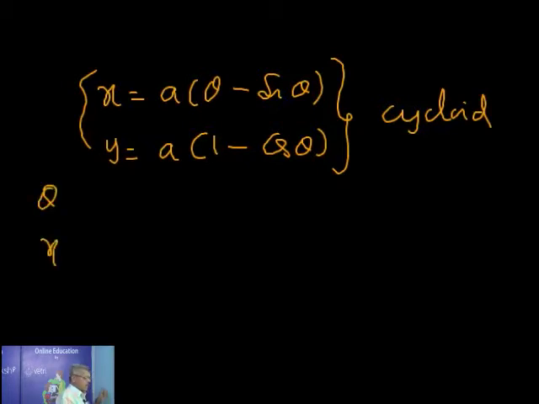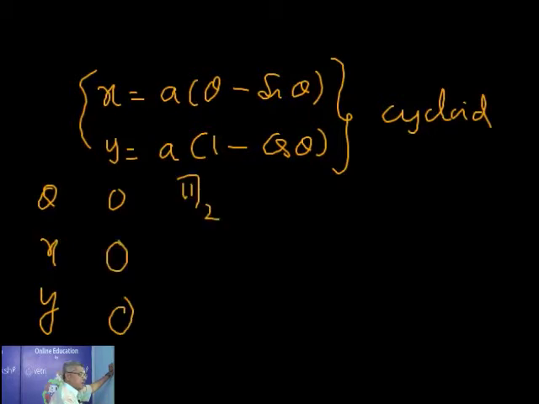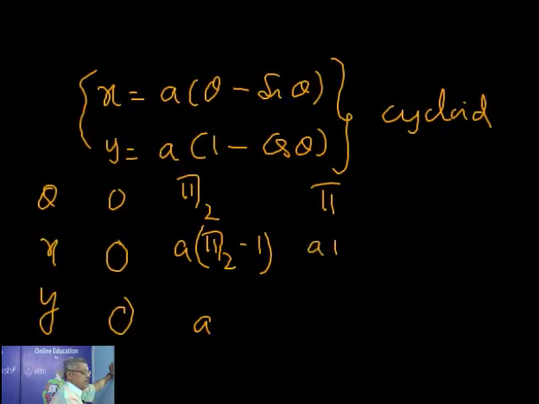We can trace a cycloid by taking some points. When theta is 0, sin 0 is 0, x is 0; cos 0 is 1, 1 minus 1 is 0, so we get the point 0, 0. When theta is pi by 2, sin 90 is 1, you get a times pi by 2 minus 1; cos 90 is 0, you get a. When theta is pi, sin pi is 0, you get a pi; cos pi is minus 1, you get 2a.